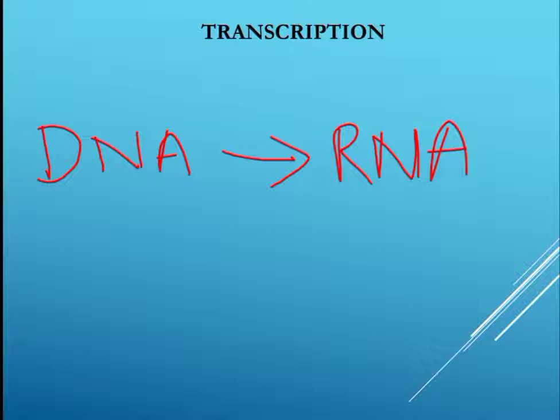The reasons why both the strands are not copied at the same time during transcription are: number one, if both the strands are copied, they would code for RNA molecules with different sequences, because complementary does not mean identical, and in turn two proteins with different amino acid sequences would be formed.